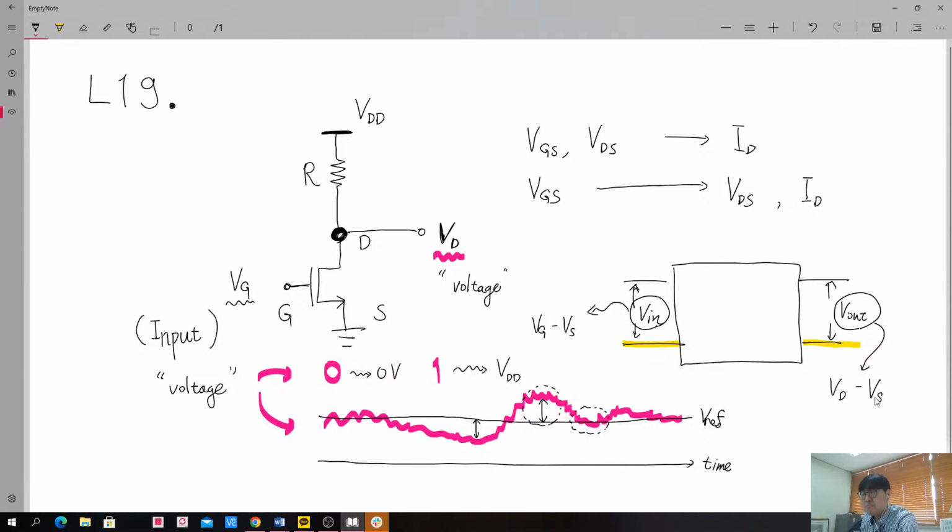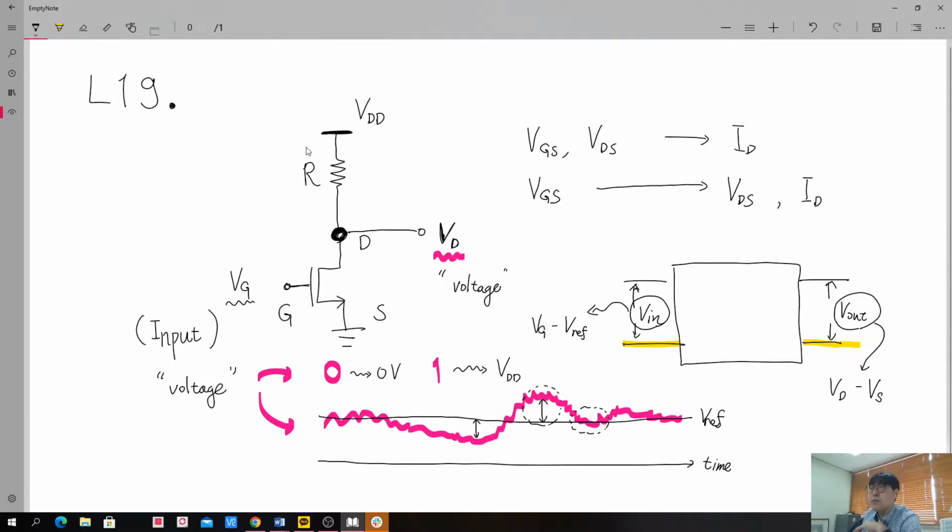In the case of the other one, the analog domain, the input signal is not VGS minus VS itself, but it is more suitable to consider a certain reference voltage.